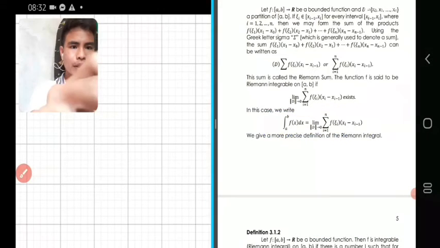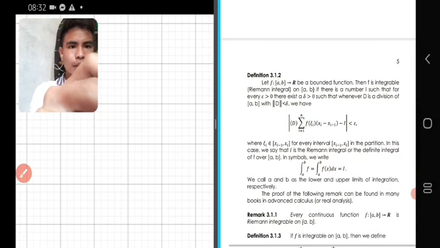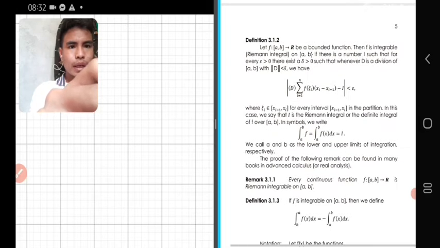Now let's move to another definition. Our next definition, 3.1.2: let our function f from a, b into R be a bounded function.